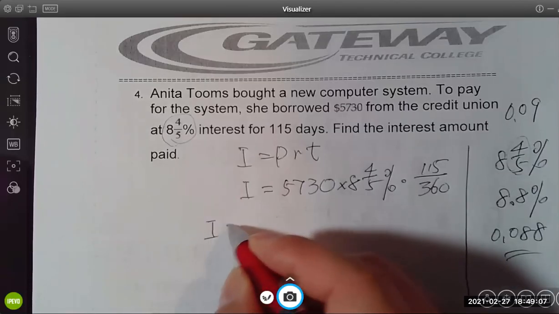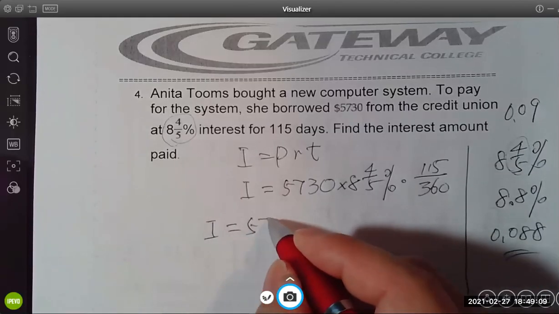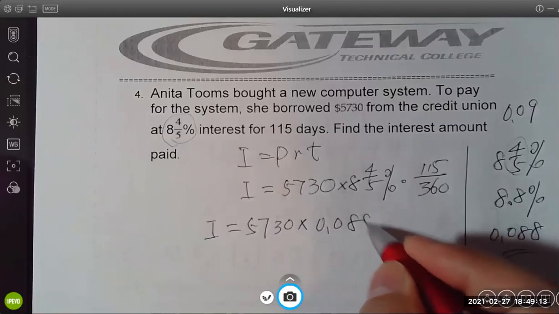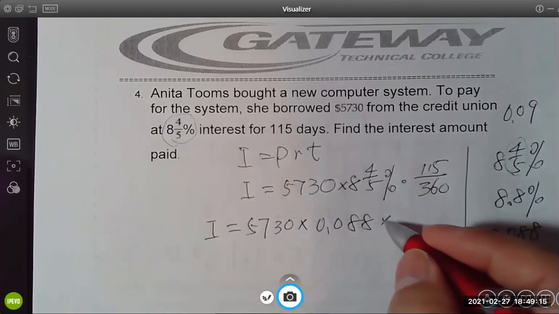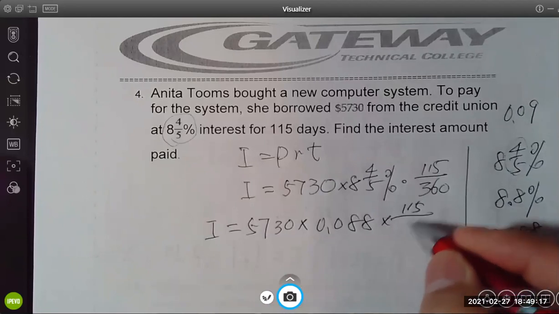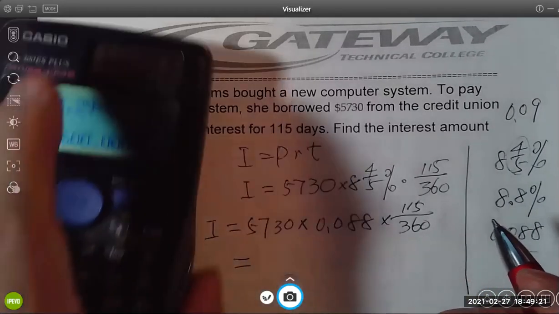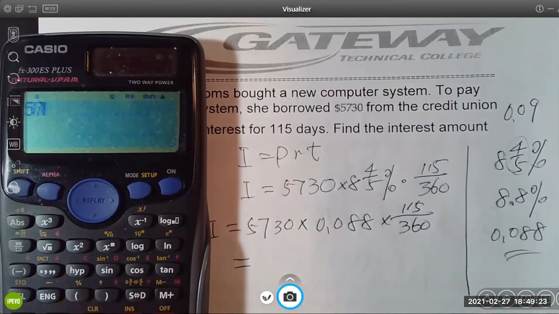So I equals 5730 times 0.088 times 115 over 360. Now it's time for the calculator to work. 5730 times 0.088 times 115 divided by 360.